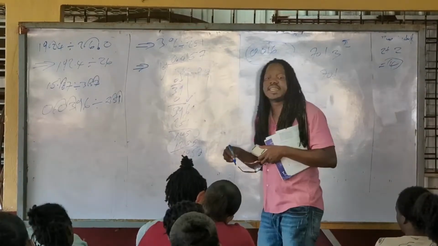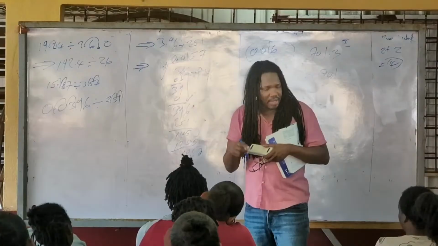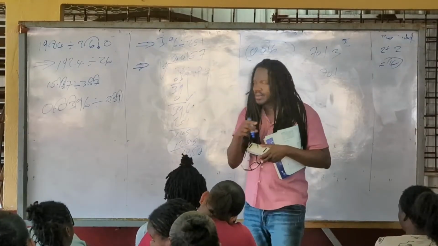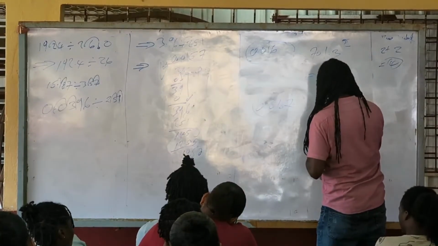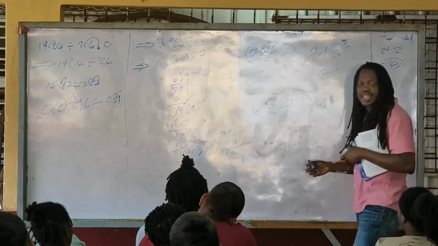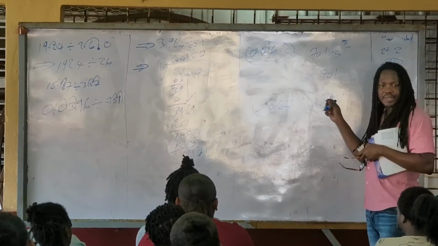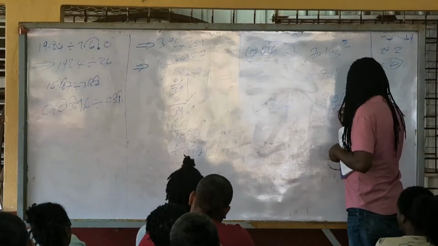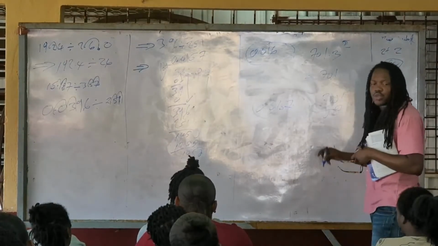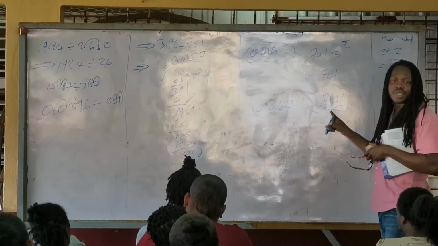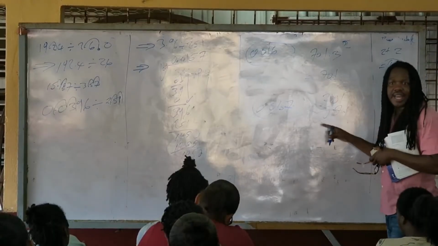But it cannot lead. You get that? 7.01 to 3 significant figures is this because it's trapped. But 0.71 is only 2 significant figures because 0 can't lead. Everybody understand that?